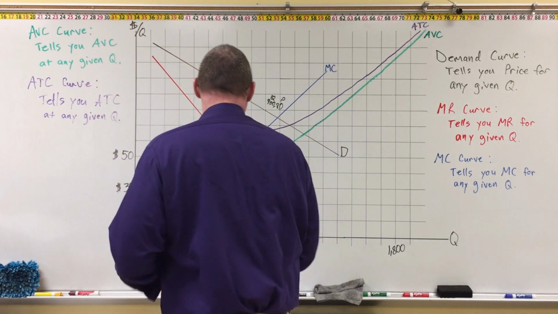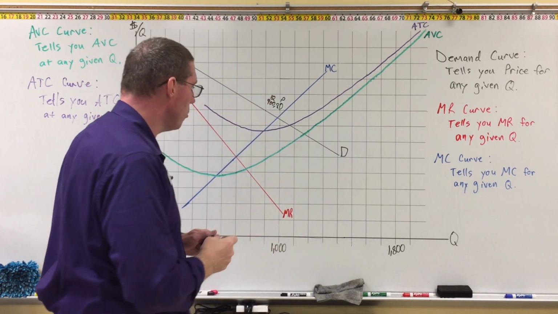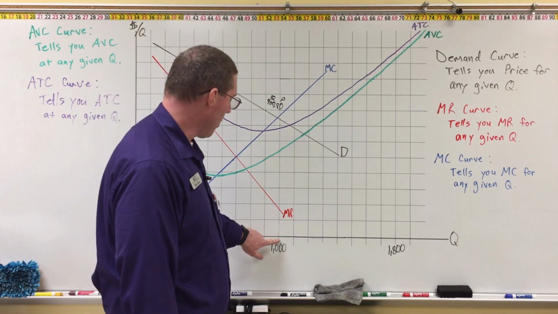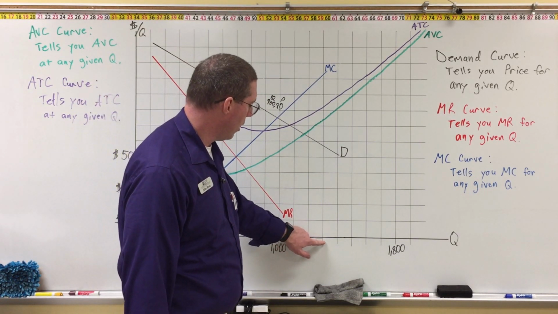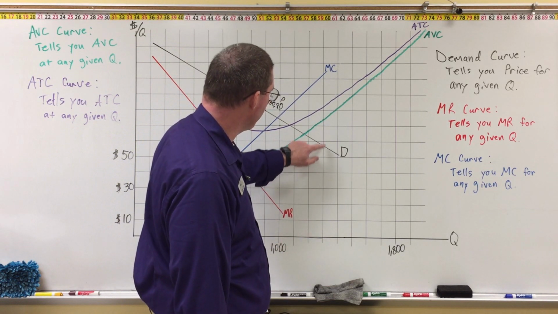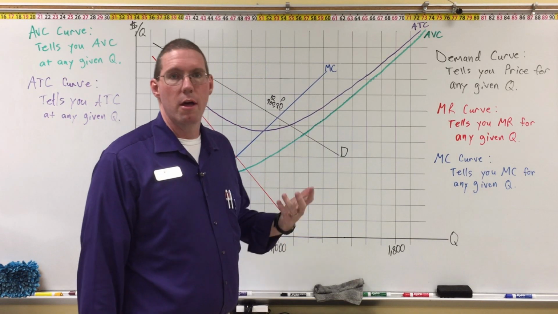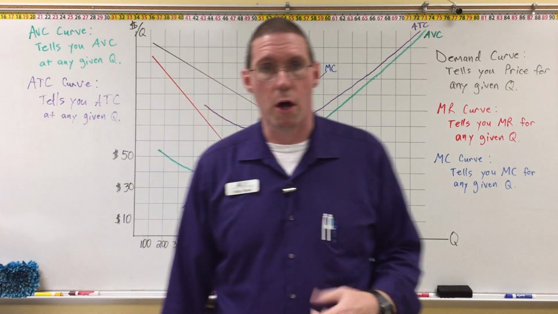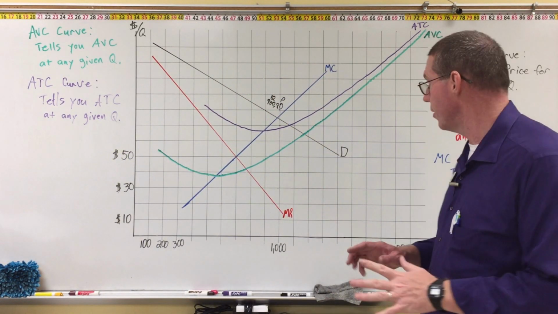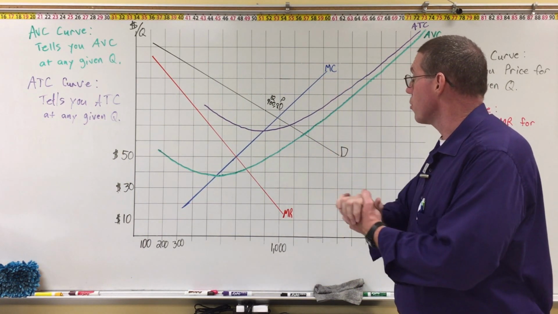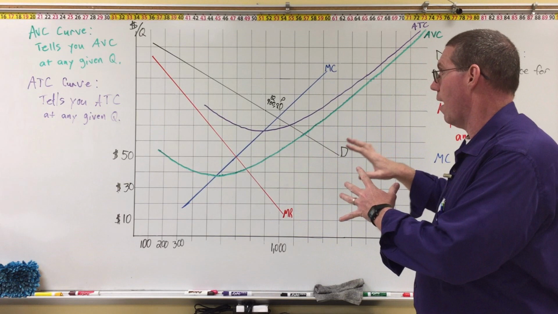Okay, and so tell me, what is the average total cost at a quantity of 1,300? Well, this is 1,000, 1,100, 1,200, 1,300, 10, 20, 30, 40, 50, 60, 70, 80, maybe about $82 or $83 is the average total cost. That's the total cost per unit at a quantity of 1,300. Okay? All right, so that's how you read the graph.